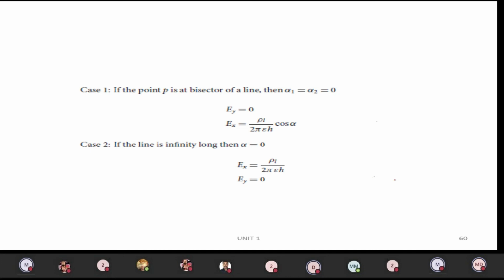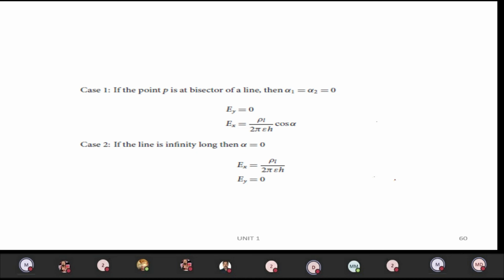Similarly, if the conductor is infinitely long, Ex equals rho L by 2 pi epsilon h, and Ey becomes 0. In the first case, alpha 1 equals alpha 2 equals alpha, not 0. That's not a printing mistake. Only for an infinitely long conductor do you get alpha equal to 0.